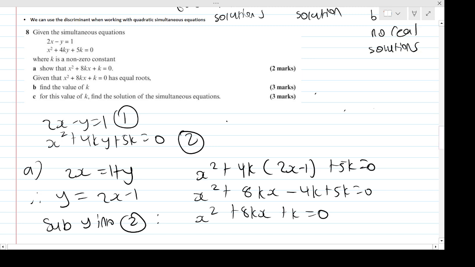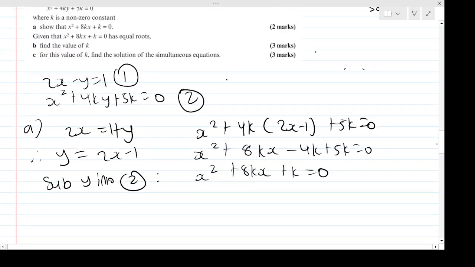Then it says we are given that this quadratic has equal roots. So that is pertaining to the discriminant. Remember, if it's describing the roots, it's the discriminant. And when it has equal roots, that means there's only one distinct solution, because they're both the same, right?